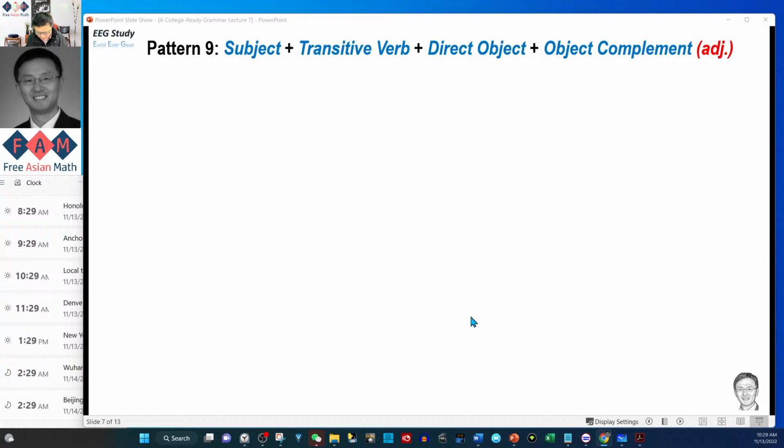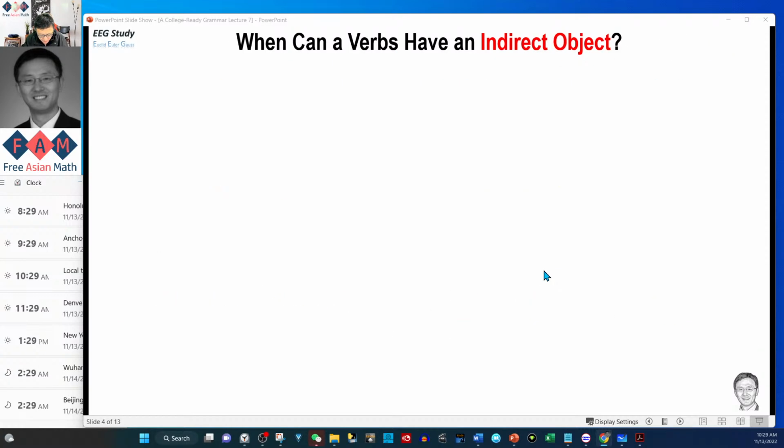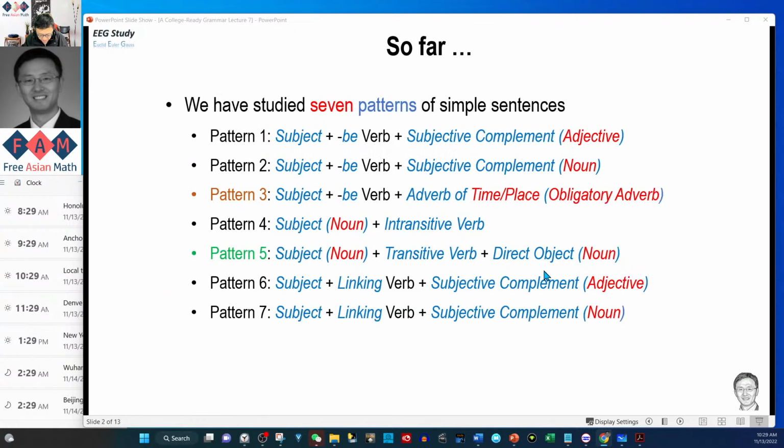And as we promised, the proper way to understand the next two patterns is to understand pattern number 1, number 2, and number 6 and number 7. So let's take a look. Number 1 and number 2, subjective complement.